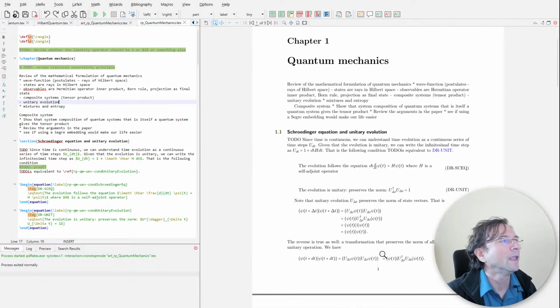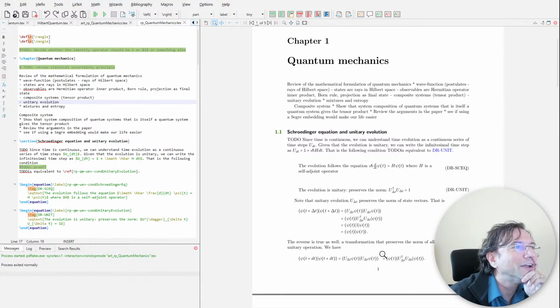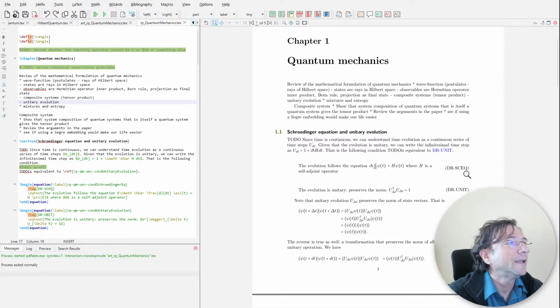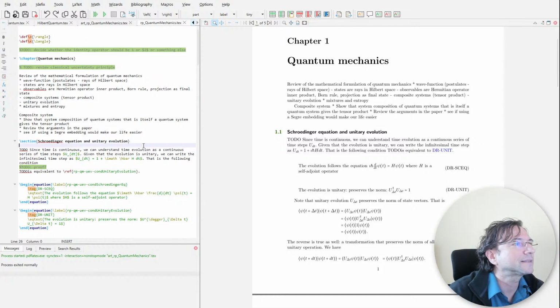Okay, so I should review what we did last time because I'm sure there are gonna be a bunch of mistakes. And so let's get right to it. So first we had started with unitary evolution, then we realized we should start with the Schrödinger equation. And why don't I make the text a little bit nicer here?